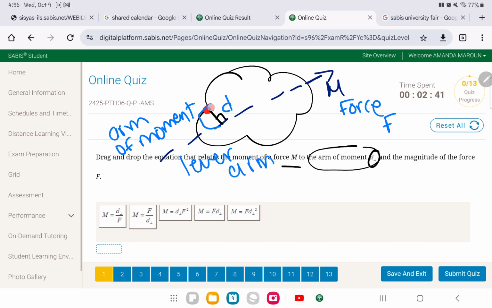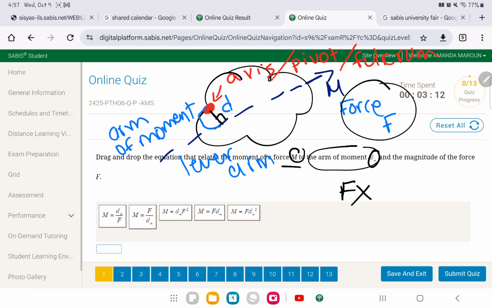And this in red is our axis, or pivot, or the fulcrum, however you like to call it. So this is what a basic diagram of the moment looks like. To calculate the moment M, we are supposed to do our force F or M, however they're labeling it, multiplied by the perpendicular distance.